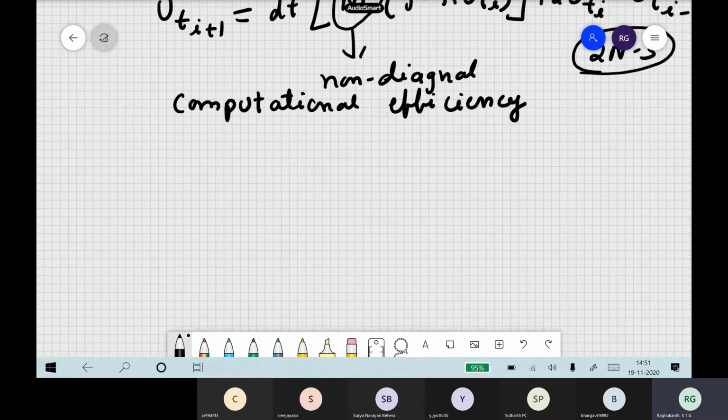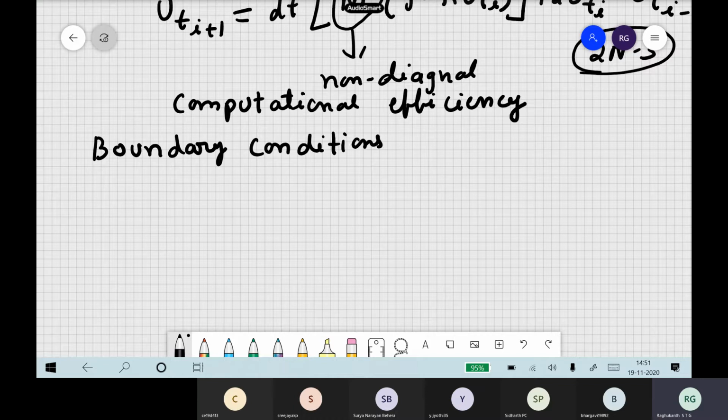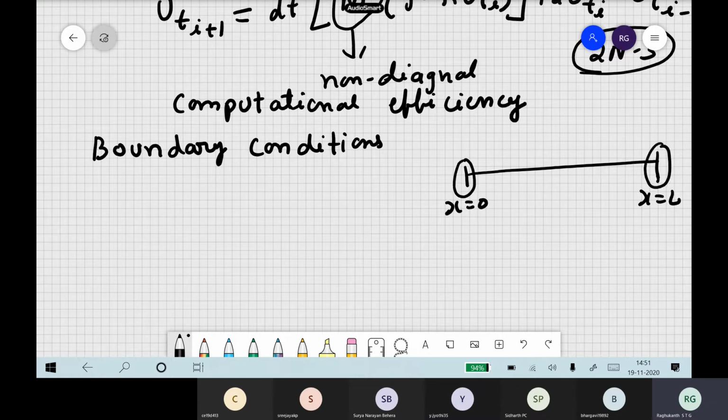Now, like I already told you about the boundary conditions, how will you incorporate them in spectral element? Like last class, since we are solving a one-dimensional problem, this is my beam. I have x is equal to 0, then I have x is equal to L. Now I want to put a boundary condition here and here.